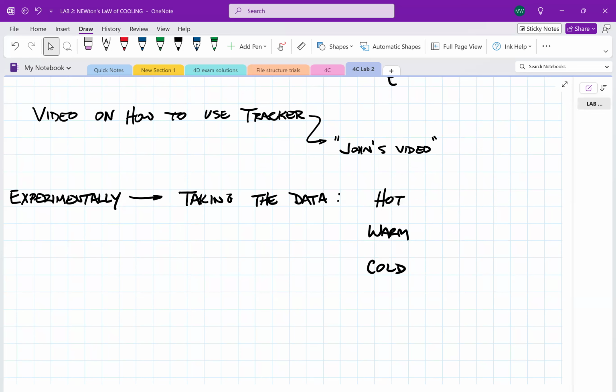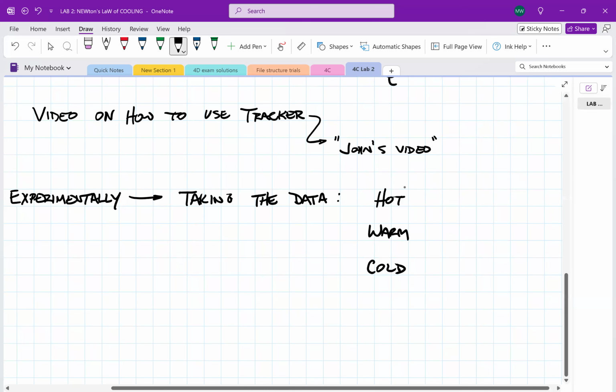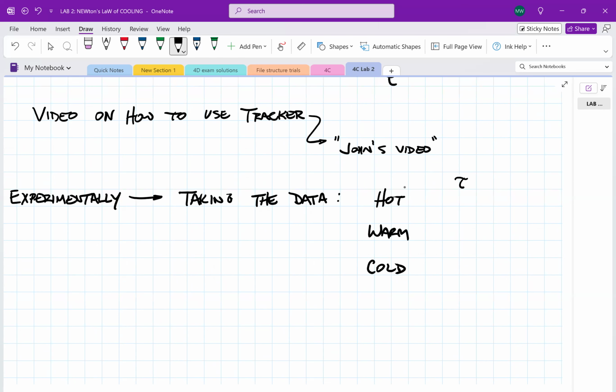I'd like you to see if we could measure what the time constant is. So the time constant, tau, is basically a characteristic time.